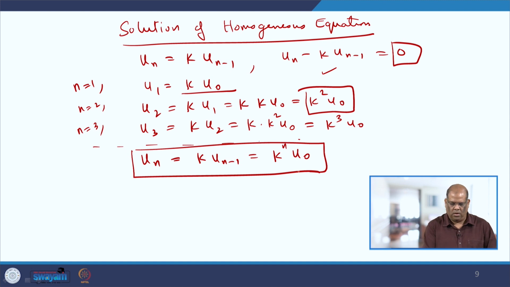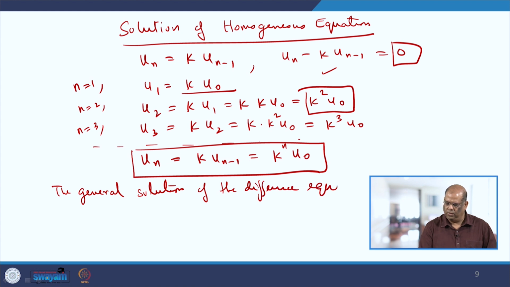So, the general solution of the difference equation u_n equal to k times u_{n−1} is u_n equal to some c times k to the power n.